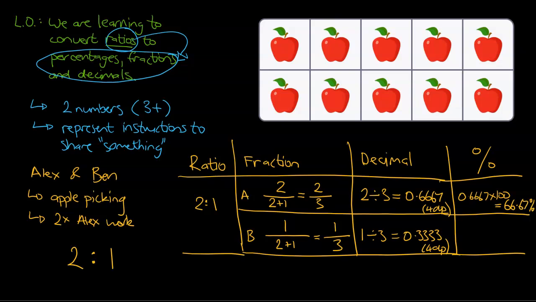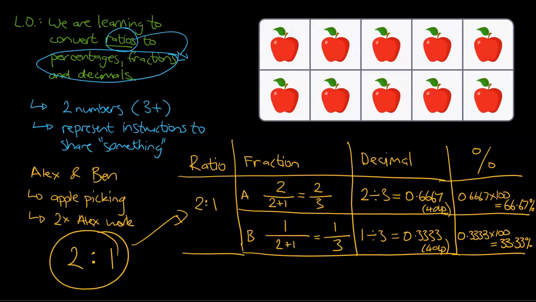And that's been affected by the rounding before. And then finally, we can do the same for Ben. We're going to have Ben's decimal, which is 0.3333. We're going to multiply that by 100, and that there is going to get me to 33.33%.